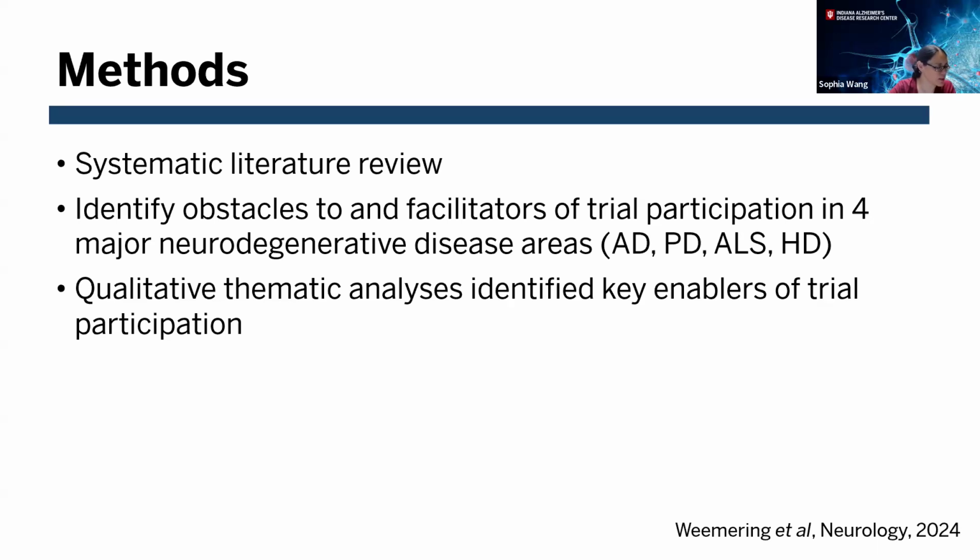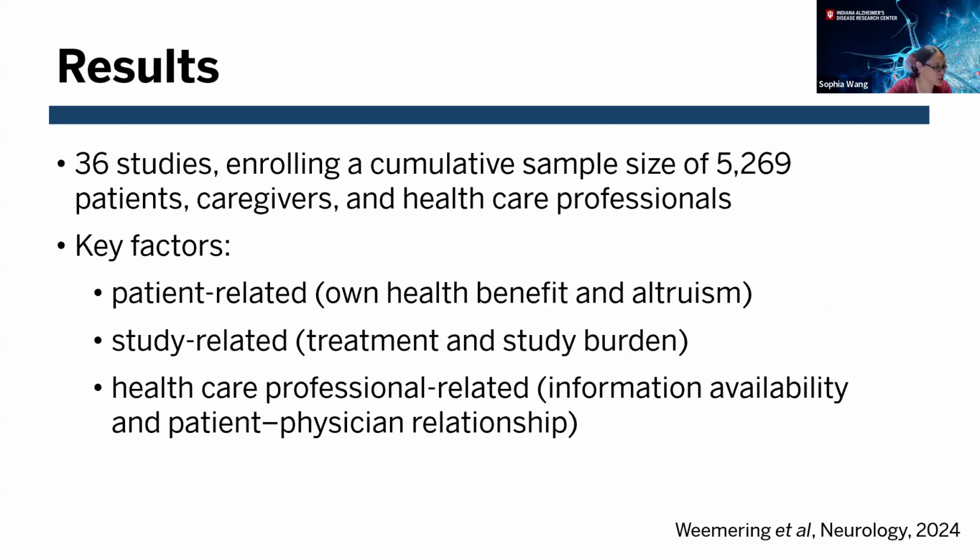But the idea is that we want to think at 50,000 feet, because many of the challenges we've seen in recruitment are not specific to one disease but are cross-cutting. This systematic review looked at 36 studies, and what was really nice is that they looked at feedback from a wide range of individuals. They took a 360 view with patients, caregivers, and healthcare professionals.